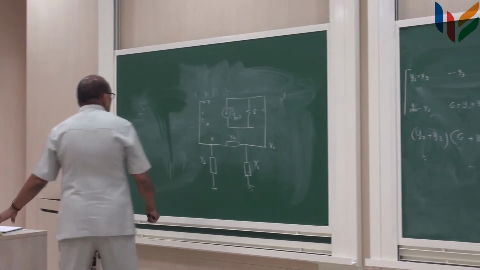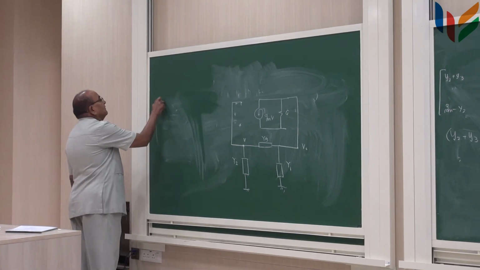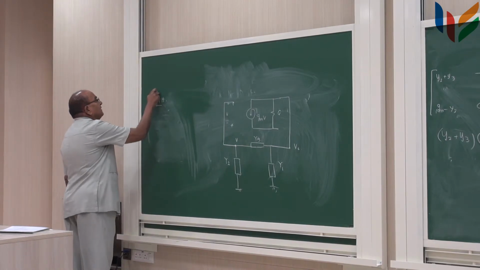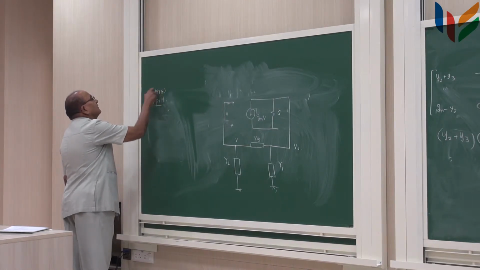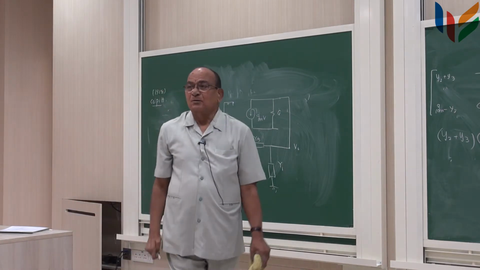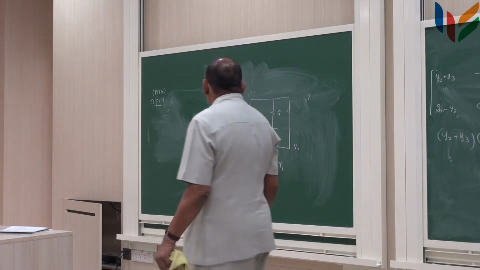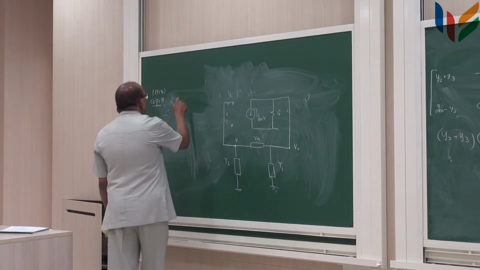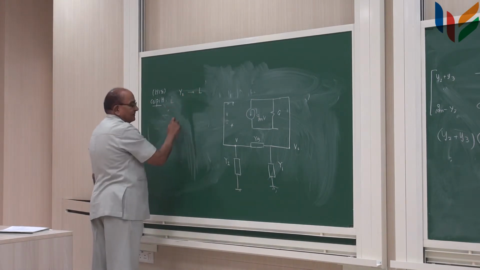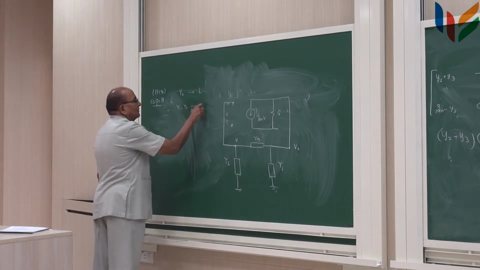Now comes all these people. What Colpitts did, in 1918, almost 100 years ago, was make this Colpitts oscillator, where he made y3 correspond to an inductance and y1 and y2 correspond to capacitors.